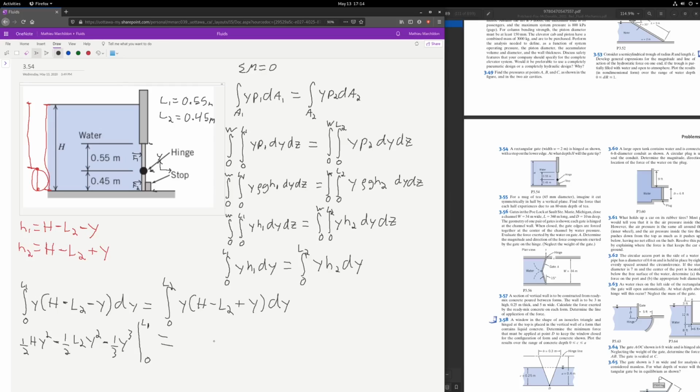It's going to be equal to 1/2 h y squared, plus 1/3 y cubed, evaluated from 0 to L2.